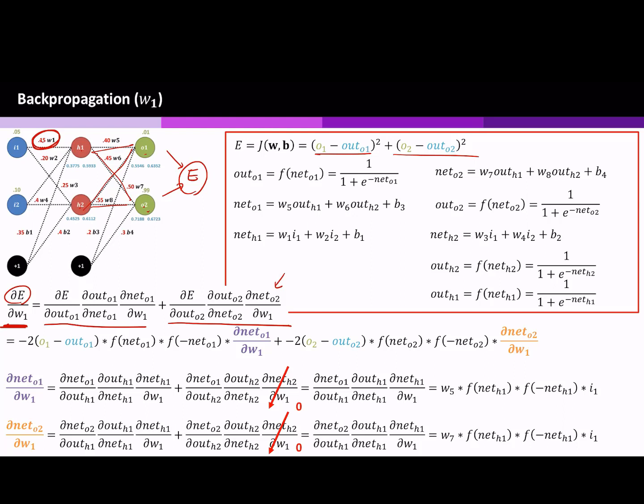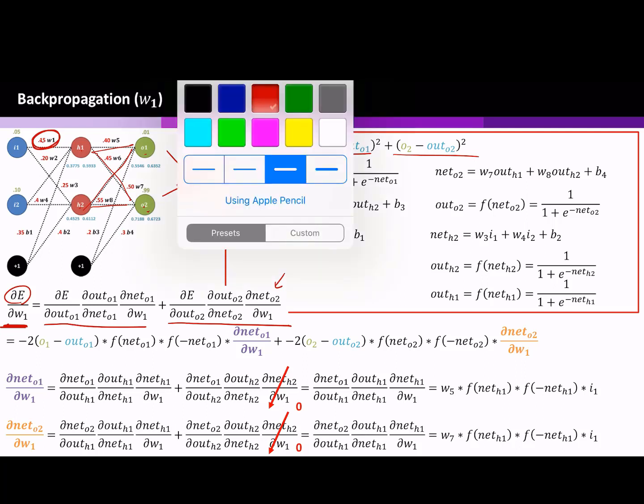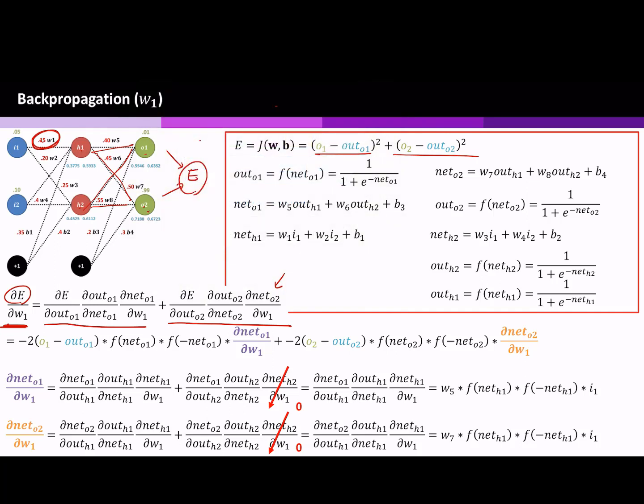That's why we cannot cancel out one of the terms. And this value goes here, and we're going to find out this value.